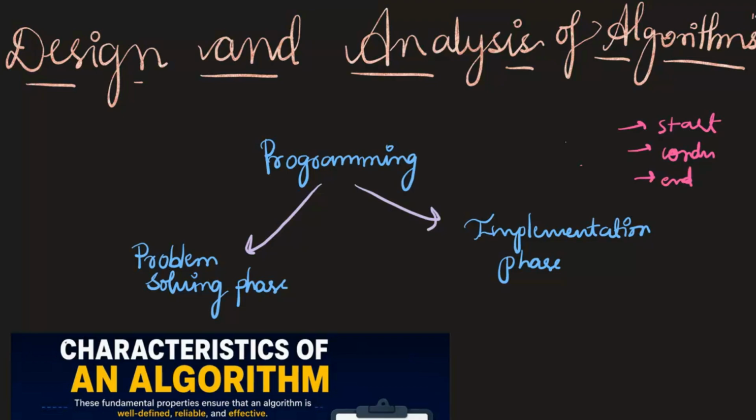So this is basically how you solve a problem. This is the problem solving phase, which you do on your pen and paper. But the implementation phase is nothing but writing the code in the computer. So this problem solving phase is known as the algorithm.